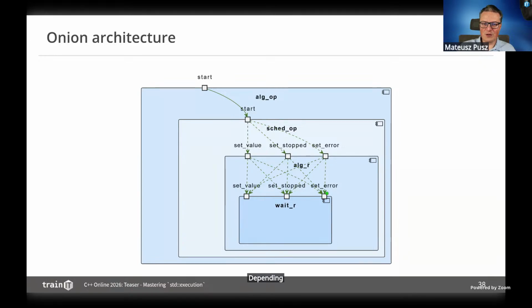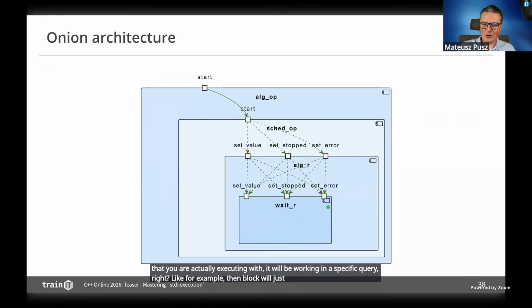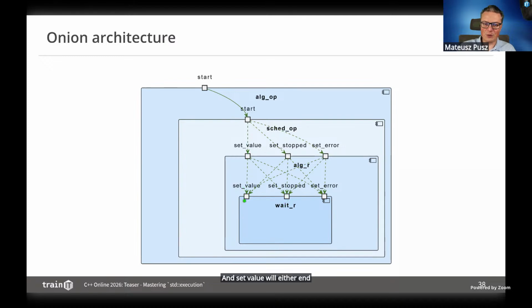Depending on the logic of the algorithm that you are executing, it will be working in a specific way, right? For example, then block will just propagate the errors, will propagate the cancellation with no modification to the next block because then doesn't deal with those explicitly. And set value will either end up as a value here or as an error in case a lambda in then throws an exception.